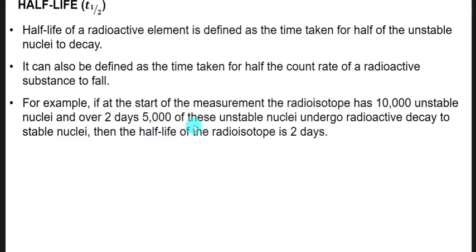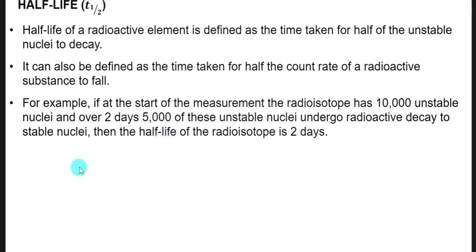So the half-life of this radioisotope is 2 days, meaning after every 2 days, its amount has to halve. Again, after another 2 days, this 5,000 should come to 2,500. That's how it goes.